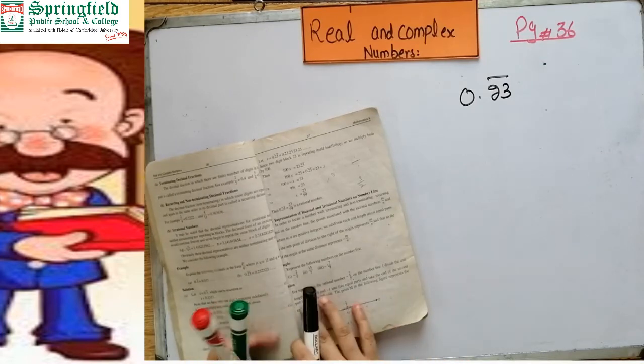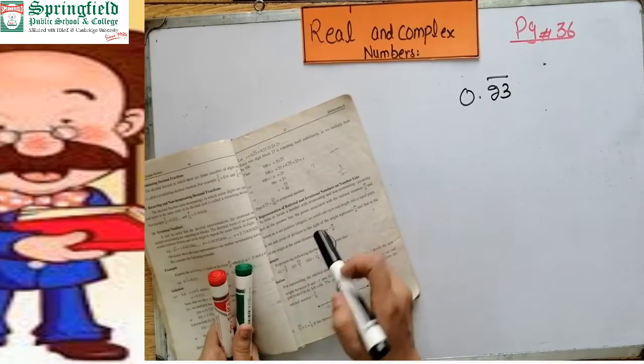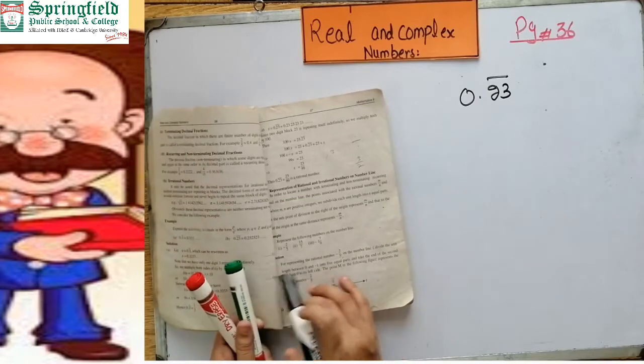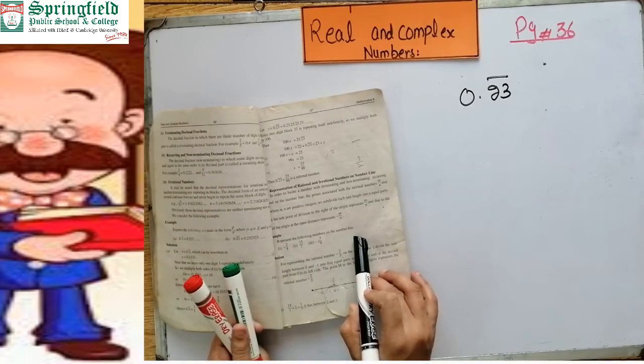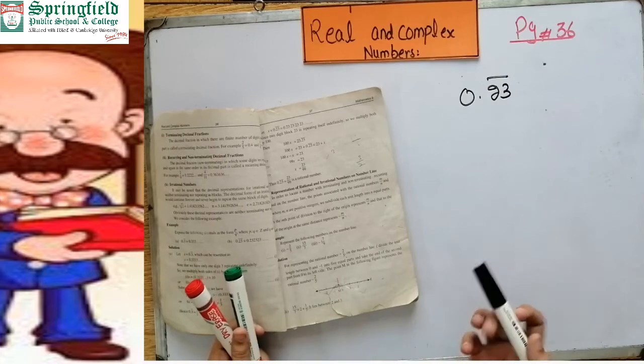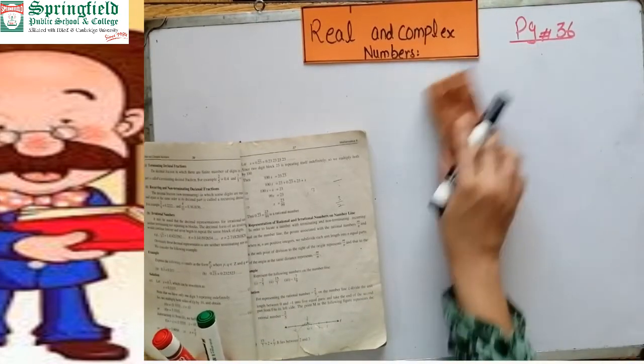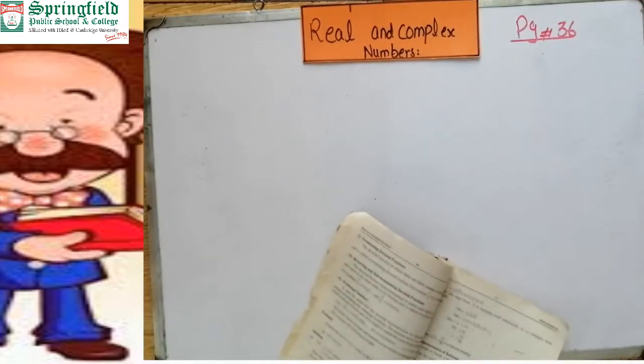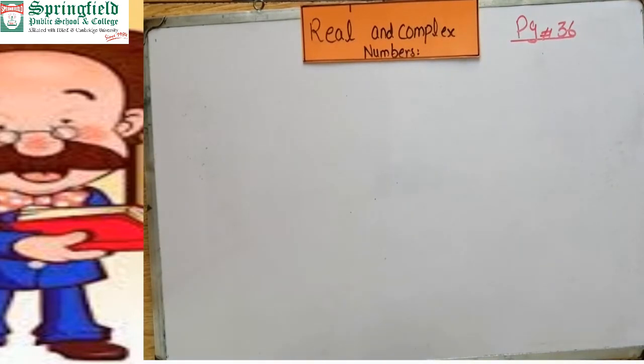Now come to the next example, page number 37: represent the following numbers on the number line. How can we represent different numbers on the number line? Beta, do you have any idea about the number line?